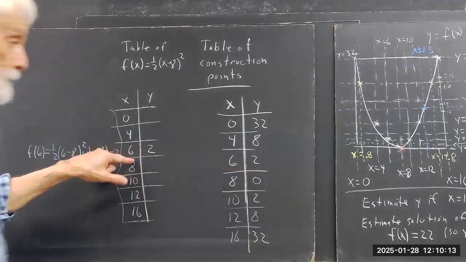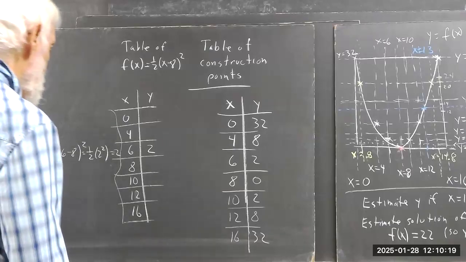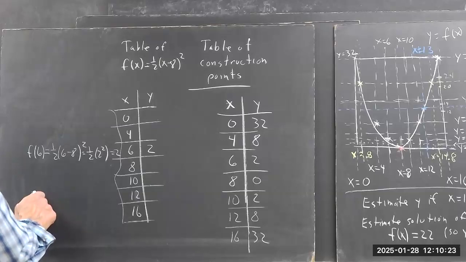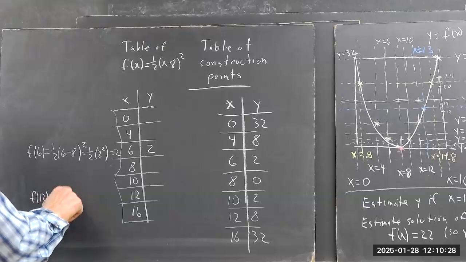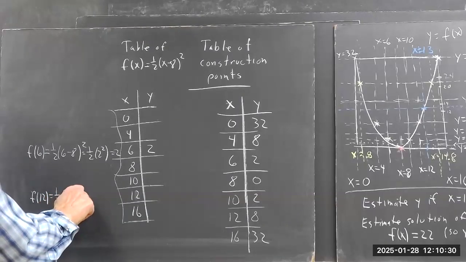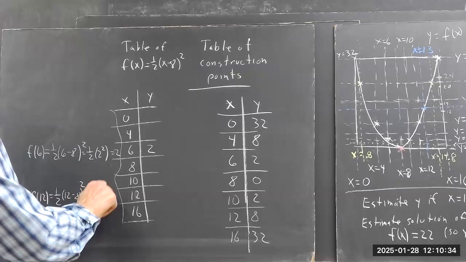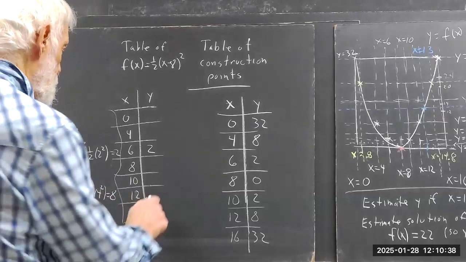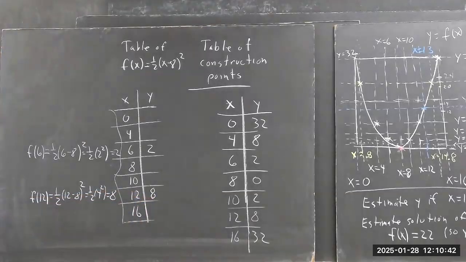Look at that, it matches. Astounding. If I want f of 12, it's 1/2 of 12 minus 8 squared, which is 1/2 of 4 squared, which is 8. So I have to put 8 here. And look at that, it matches.